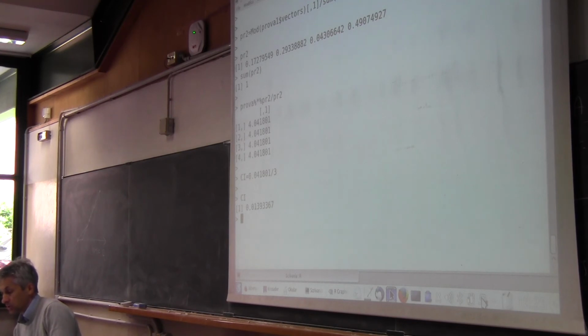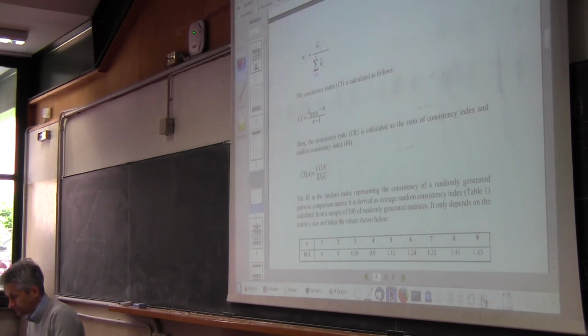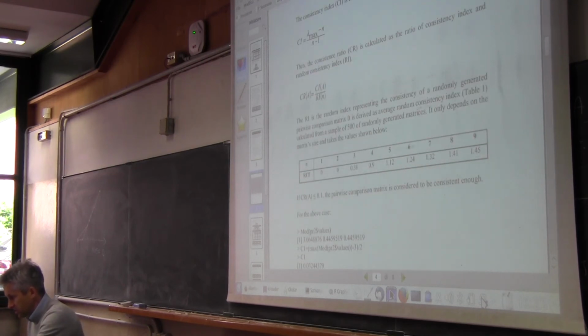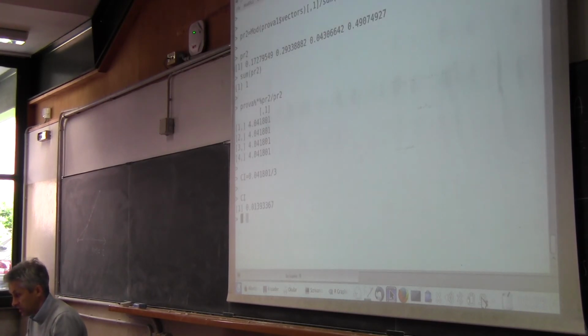I have to divide CI by 0.9. So I take CI divided by 0.9, and the resulting value is 0.01, which is much lower than 0.1. So it's fine. It's consistent.